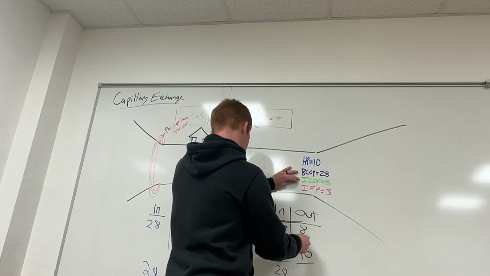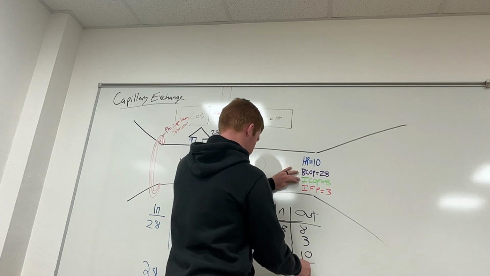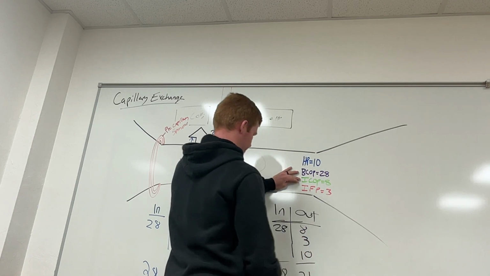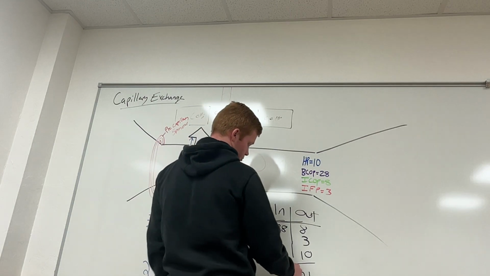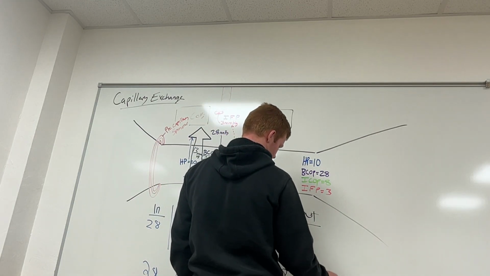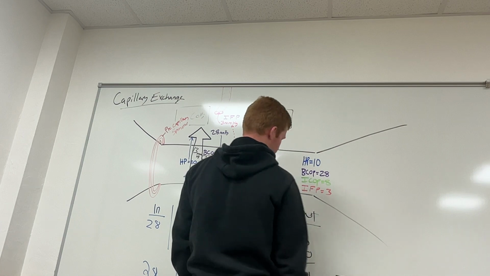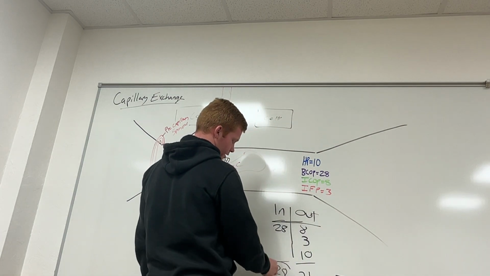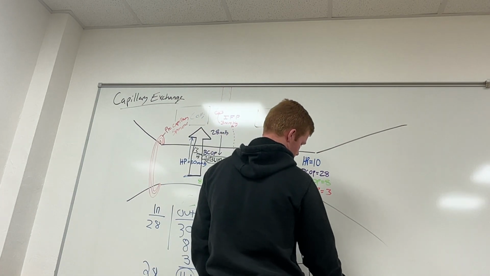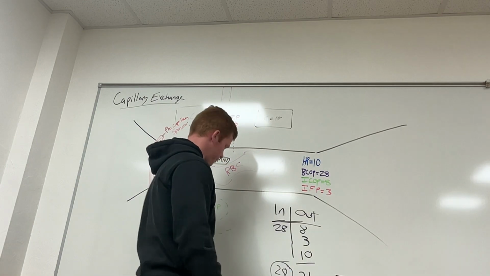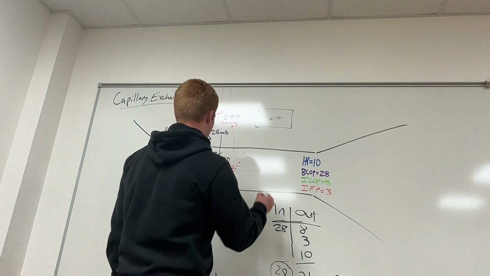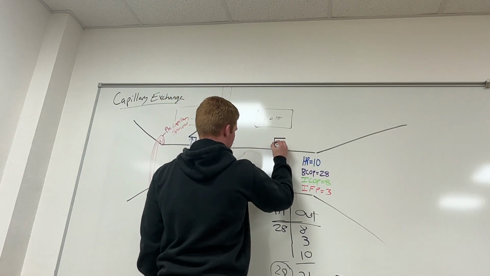Let's see, 8, 11, oh, it's 21. Okay, so we subtract these, we get 7. Which number is bigger? It's the in number. So now, we have 7 millimeters of mercury coming in.